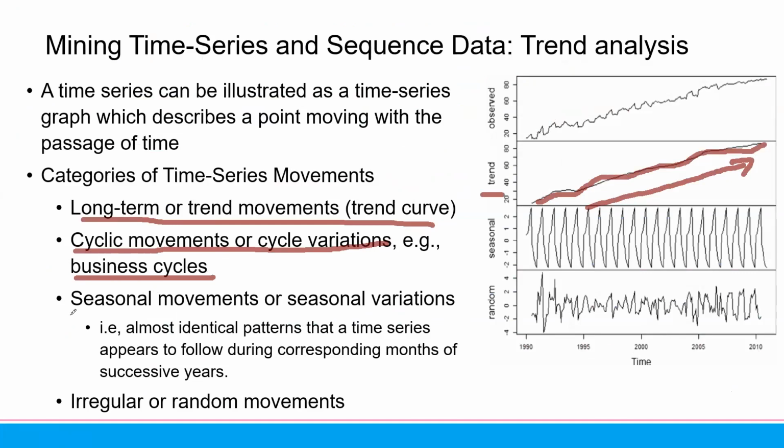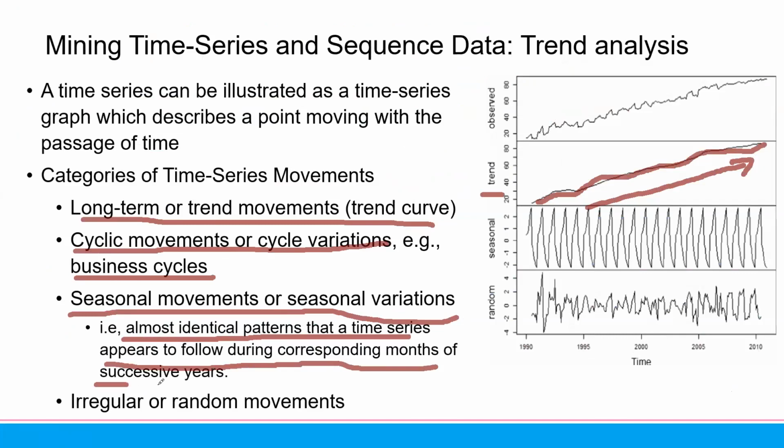But if you have the data, we may have seasonal movement or seasonal variation. This is almost identical patterns that a time series appears to follow during corresponding months of successive years. For example, in summer there's a high demand, in winter there's low demand. This data resembles the seasonal.